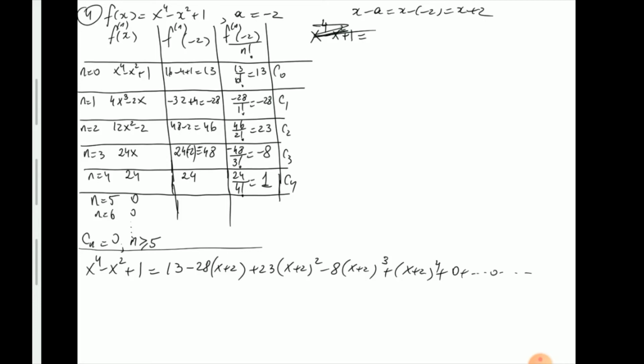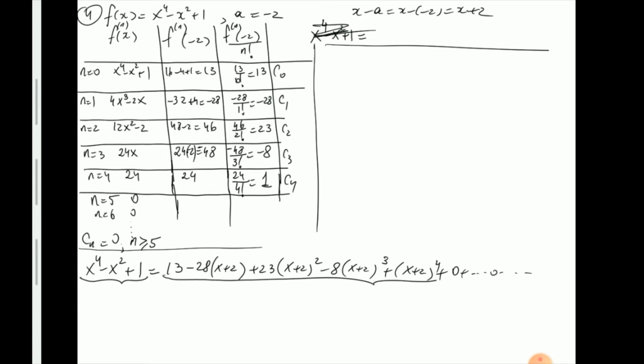So you may wonder one thing at this point: what good does all this do? Because after all, you just replace a polynomial of degree 4 with another polynomial of degree 4. You just wrote a polynomial in a different way. For example, if I expand and simplify, you just get the original polynomial.